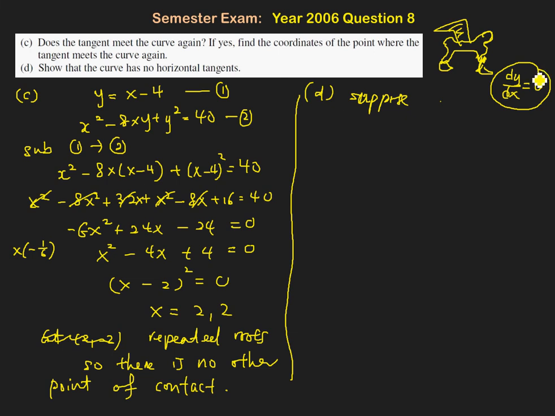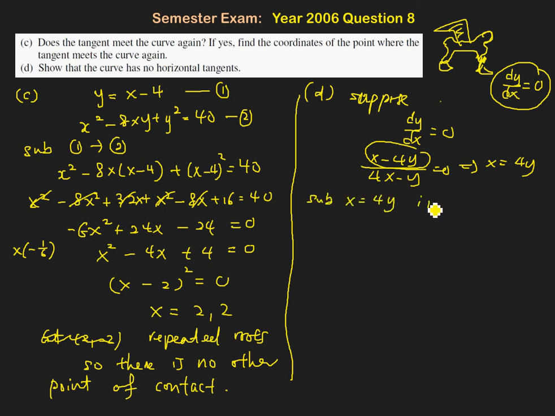So what we do is suppose that dy/dx is indeed 0. We will show that by making this statement, there will be something wrong at the end. We showed earlier that dy/dx is this here, and so looking at the numerator, we have x equals 4y. Now what we're going to do is sub x equals 4y into equation 2.